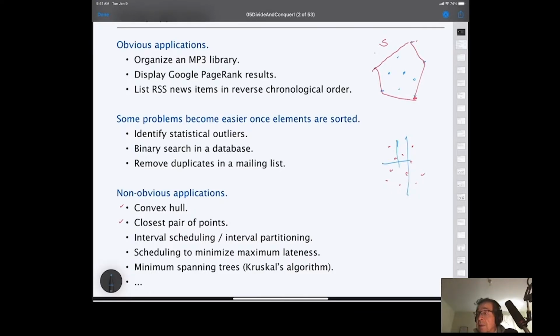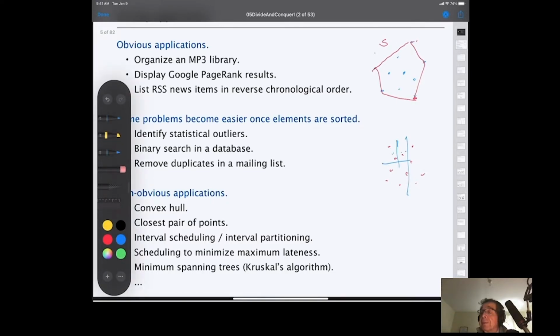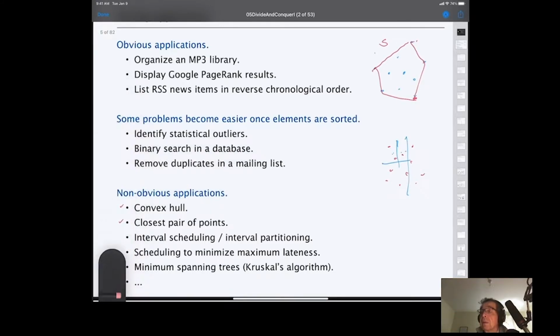When the problem becomes really trivial, we solve it, and then we combine the solutions to get back to the next level above in the recursion tree.